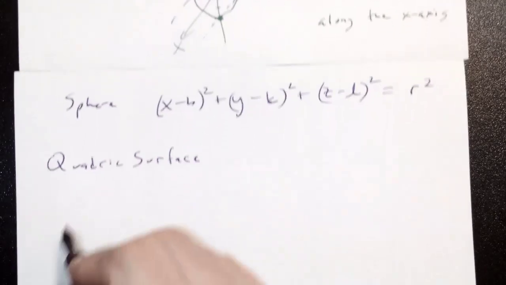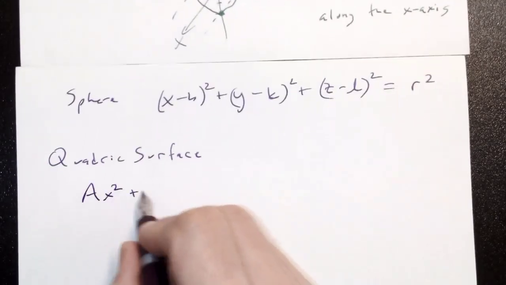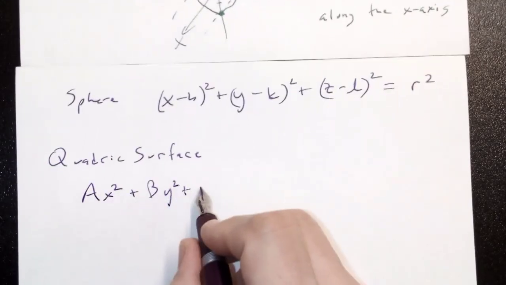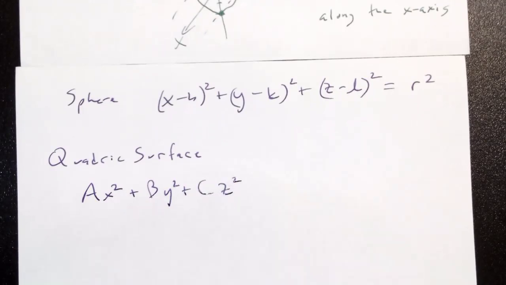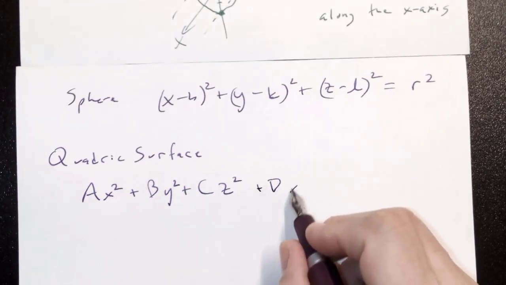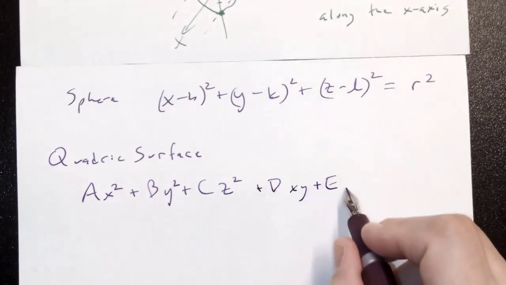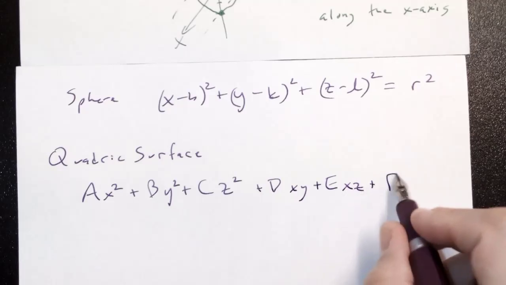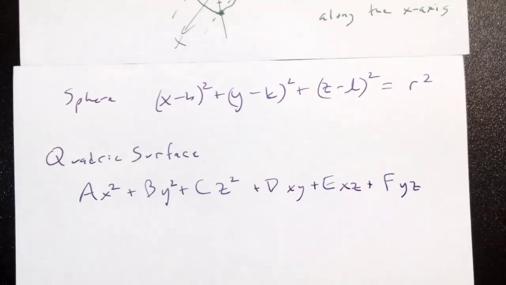So I could have something with an x squared, and something with a y squared, and something with a z squared. But wait, there's more. I could have something with an xy, and something else with an xz, and something else with a yz. Those are all technically still quadratic.